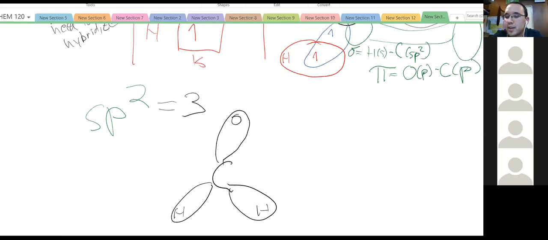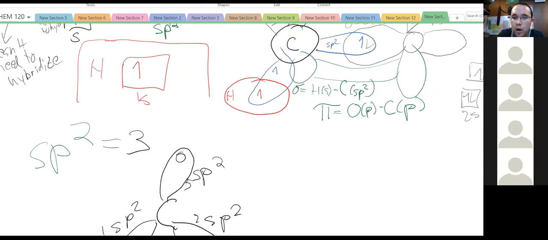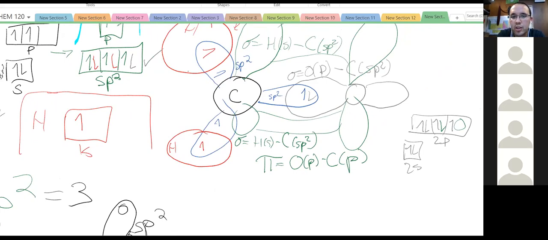Okay. Now, those 3 orbitals kind of go in those directions. And so each of these would be considered an sp2 orbital, right? And so there's 3 of them, right? So we have 1, 2, and 3. So for our first ones, those were the ones that were drawn in the blue.